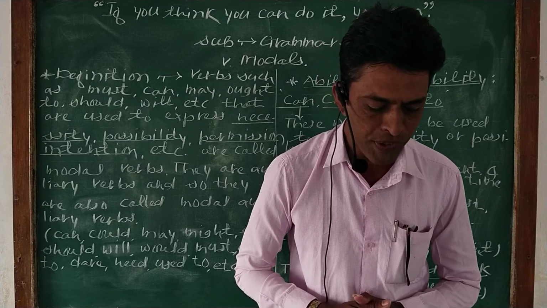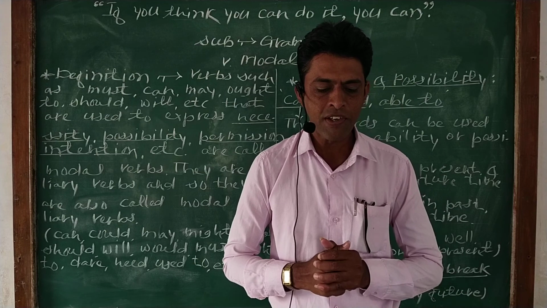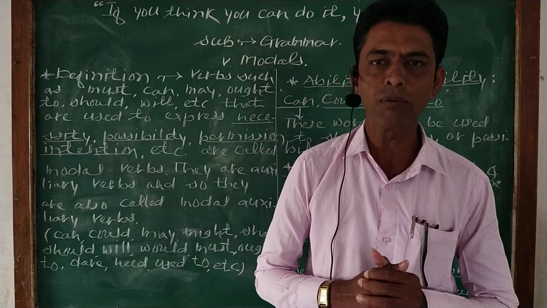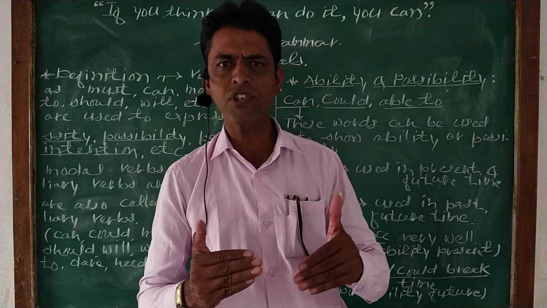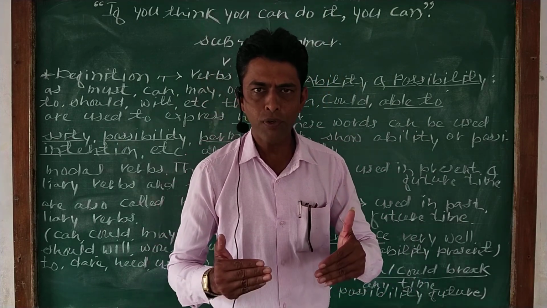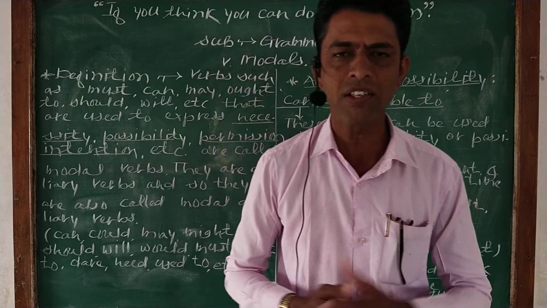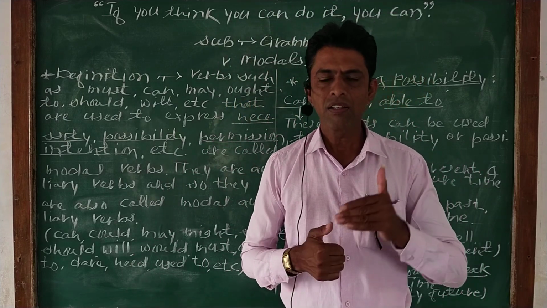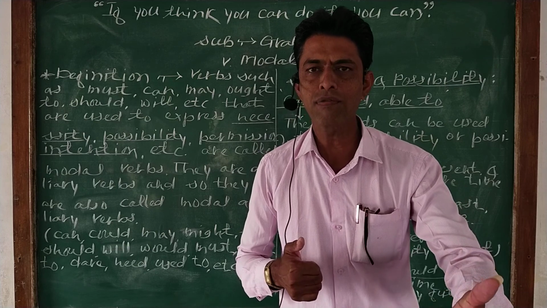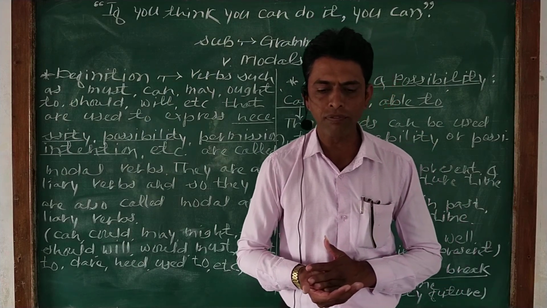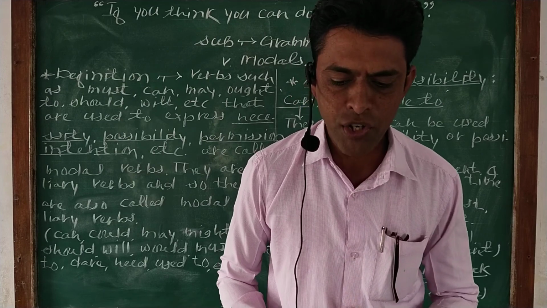Modal auxiliary verbs are used to express different shades of meaning of the main verb. They have their different functions. If you study grammar in detail, all those modal auxiliaries have different functions and different meanings of the main verb. They show the mood and attitude of the speaker.